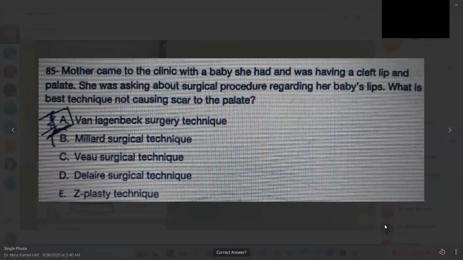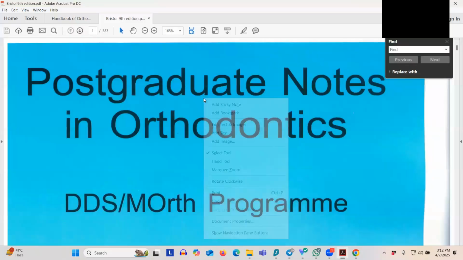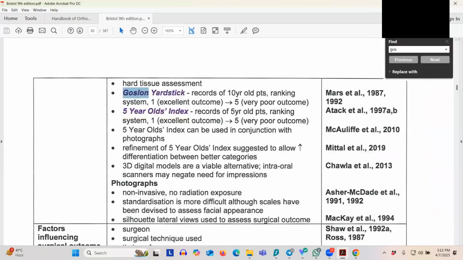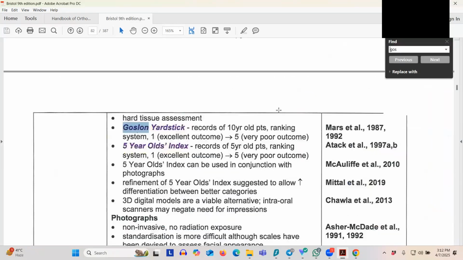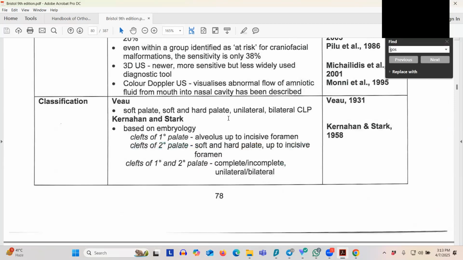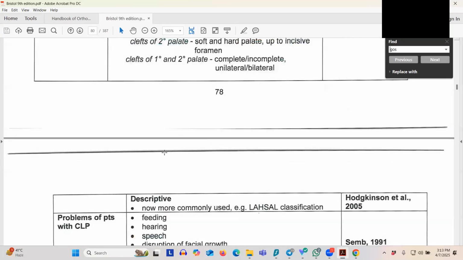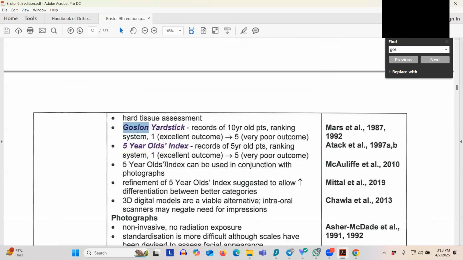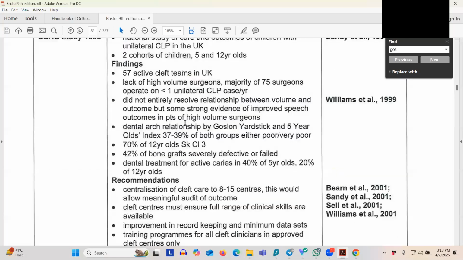So the technique is length. Soft tissue, hard tissue, bilateral, based on the embryology classification, description, features.